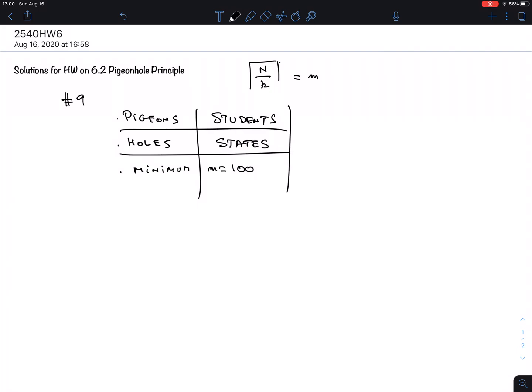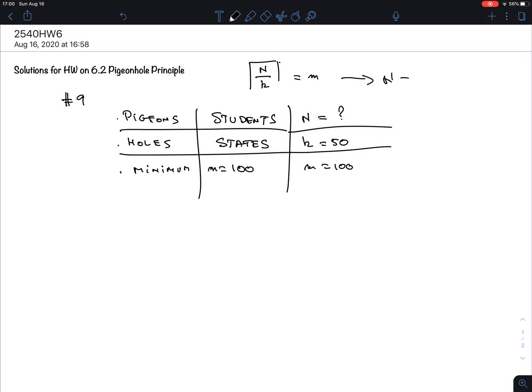Sometimes we need to calculate the minimum, sometimes we know the minimum and need to calculate either n or k. In this case, do we know what n is? No, that's actually the question. The number of states we know is 50, and the minimum is 100. Remember, this formula means the same if you want to calculate n.